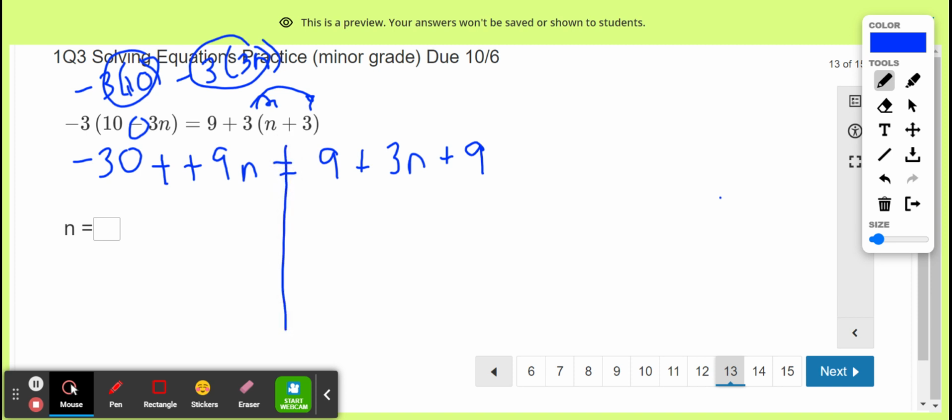Now let's flow down through here, take a look at the left side. There's more n's on the left side, so let's subtract n's from the right side. That will cancel the variable on the other side.